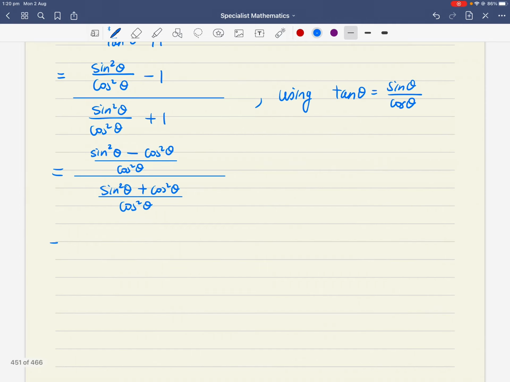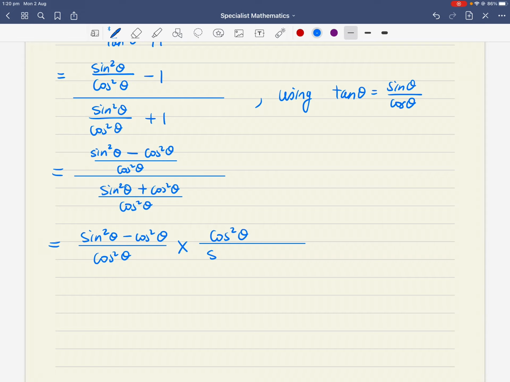Now we're dividing fractions. We keep the top the same and then flip the bottom one. So we have sine squared theta minus cos squared theta all over cos squared from the numerator. And then we multiply and flip the bottom part, which is cos squared over sine squared plus cos squared theta.